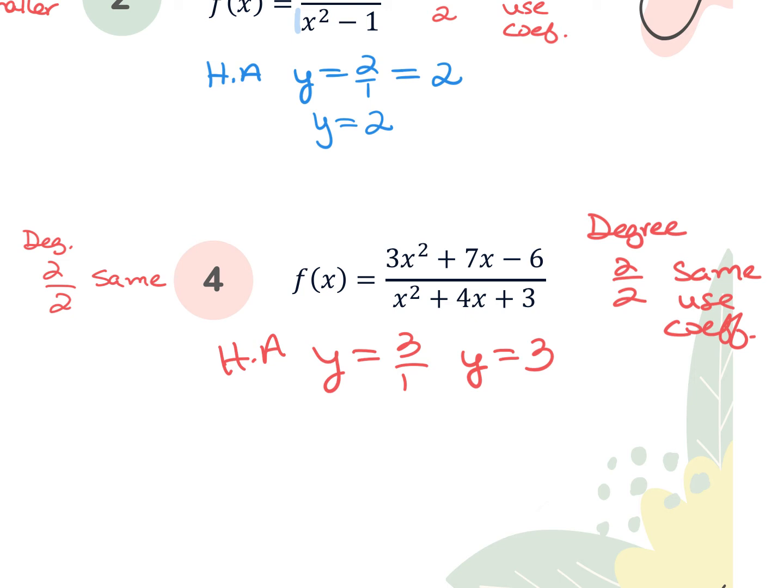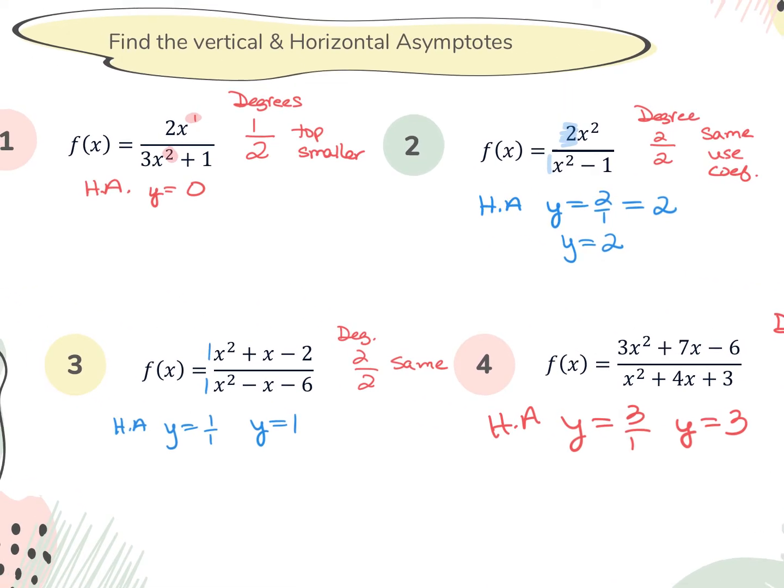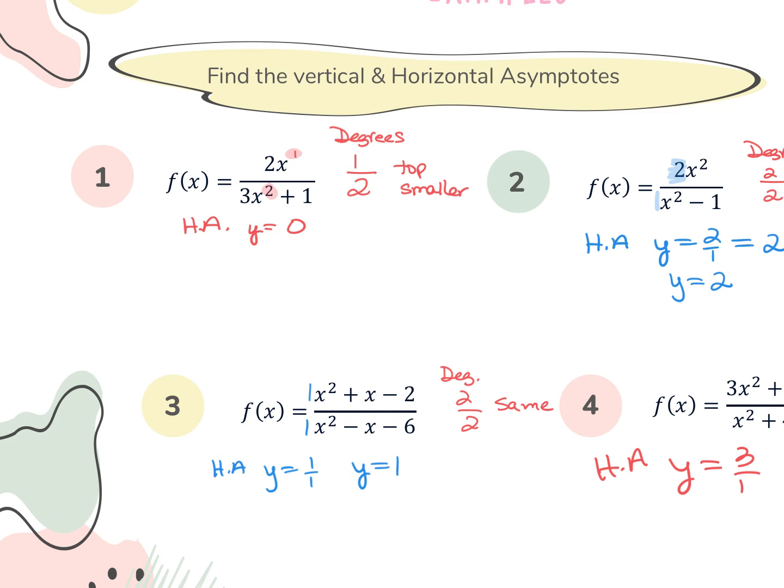Now let me go back and let's get the verticals now. For the vertical, we need to see if we can factor anything and simplify the fraction first.